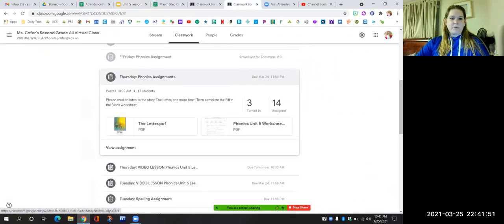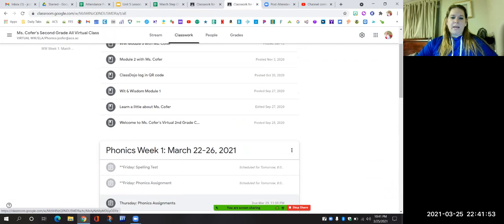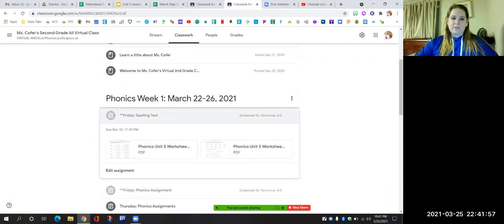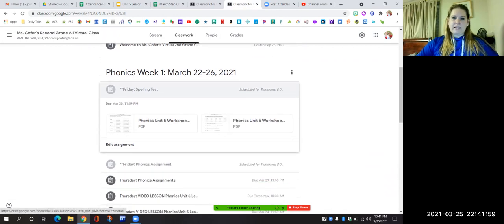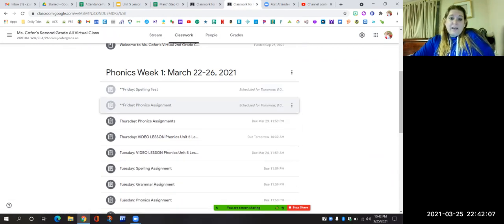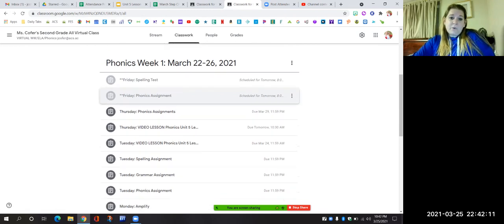You go to Phonics Week 1. Today is Friday spelling tests, okay? So here are your two spelling test assignments. And then here is your story that you're going to listen to again, and then do the fill in the blank worksheet. And that's all that you have for phonics for me today. So you just have those three little pages to work on.